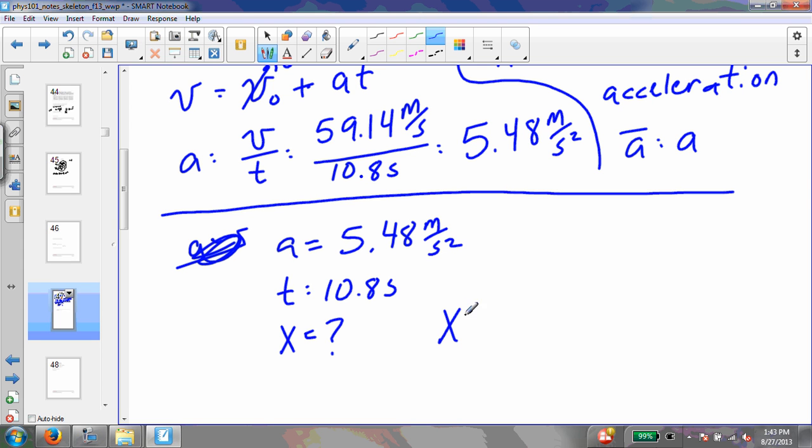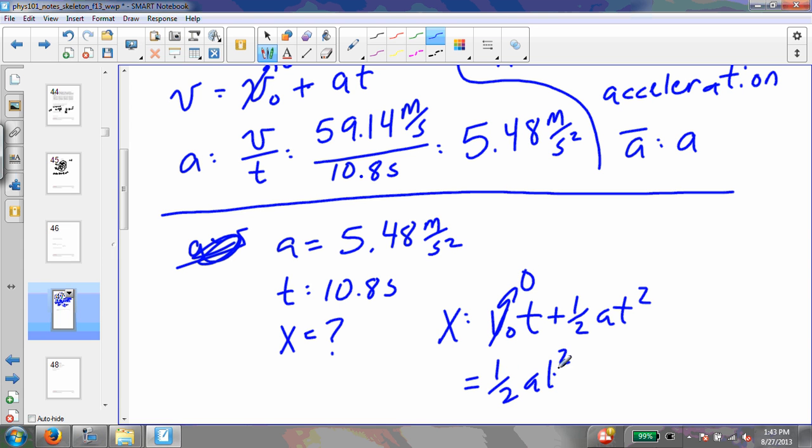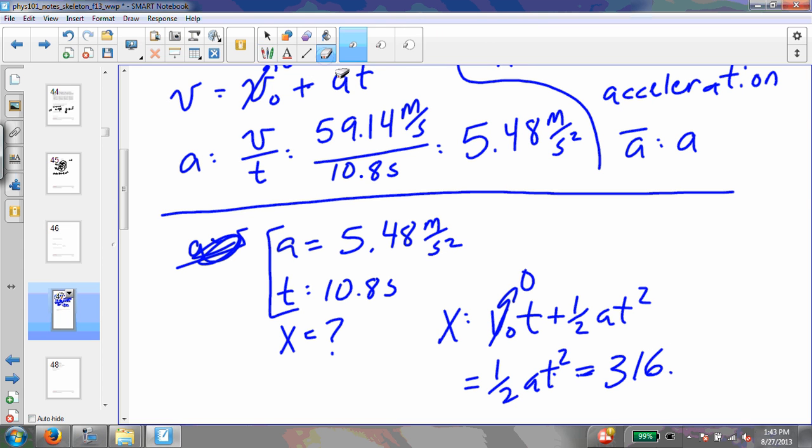From our kinematics equations, I know that x is equal to x naught, which I don't usually write because that's usually 0, plus v naught t plus 1/2 at squared. V naught is 0, so x just works out to be 1/2 at squared. Taking these values, I find that this is 319.6 meters.